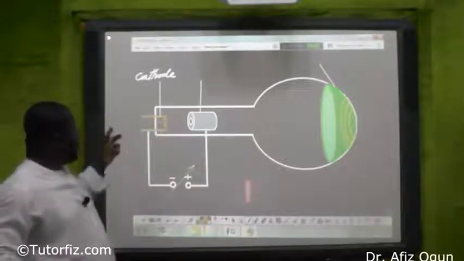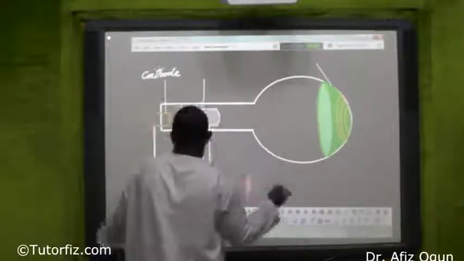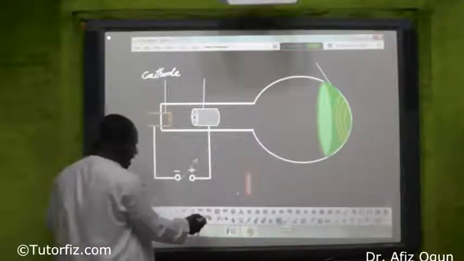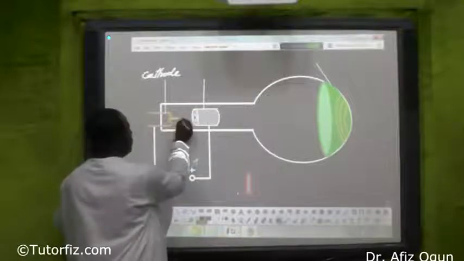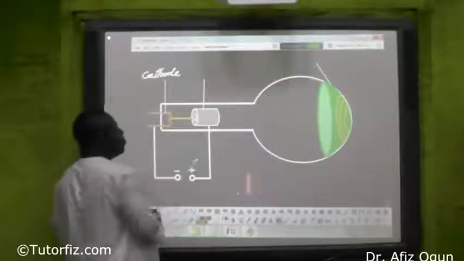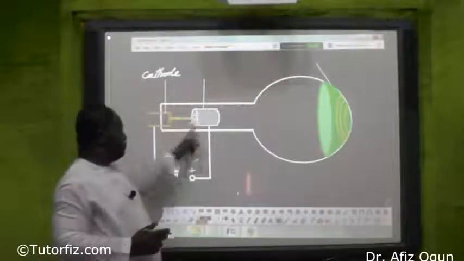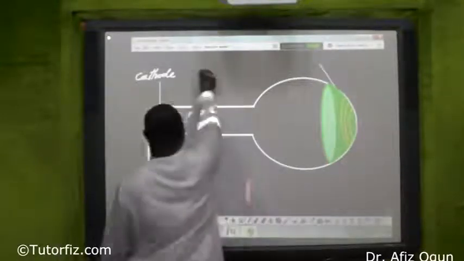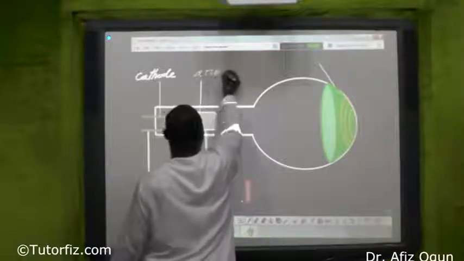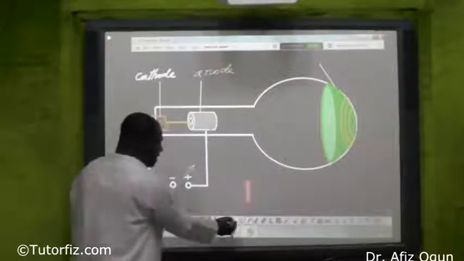So, vary the voltage, this becomes so hot, and electrons go off from it and travel, and of course are attracted to the anode.